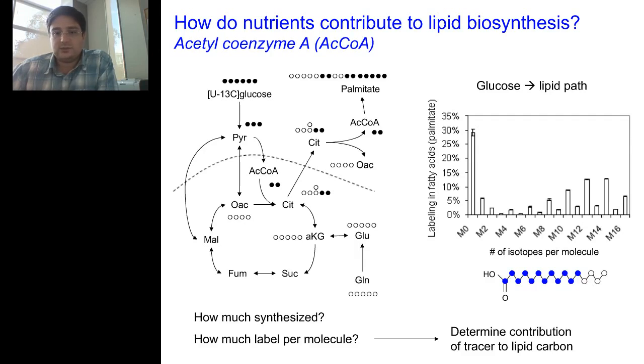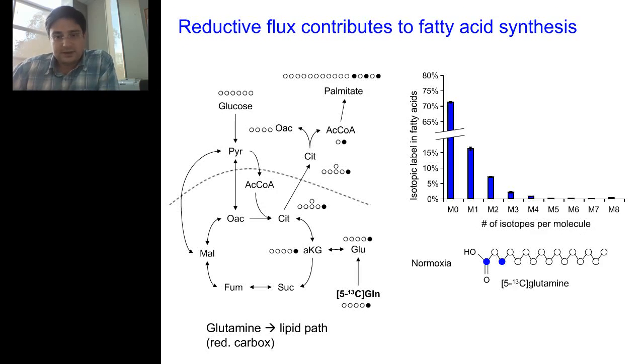And in this case, we can see that about 80% of lipid carbon comes from carbohydrates, or glucose. Now, this isn't always the case. Glutamine is also utilized for fatty acid synthesis, as shown here by 5-13C labeled glutamine, which is incorporated into lipogenic acetyl-CoA, albeit at a lower level.